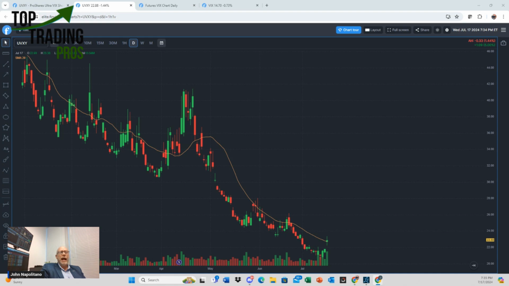You're not going to get as drastic a move, and they might lag a little bit on your performance if things are going in the opposite direction. But those hedges will act pretty well in the event volatility spikes and markets roll over. It's good to have a little bit of short exposure, especially when things are at all-time highs.